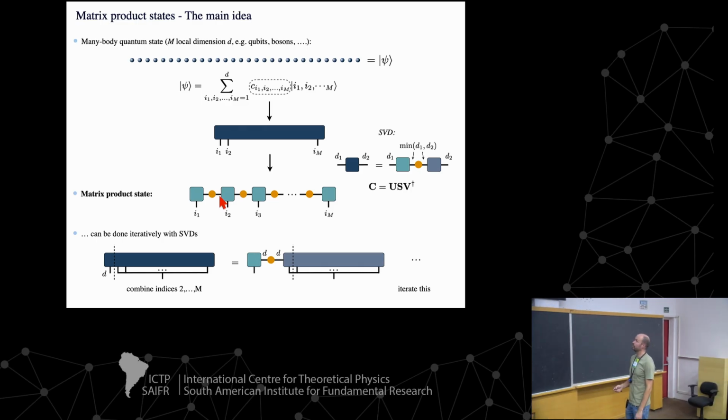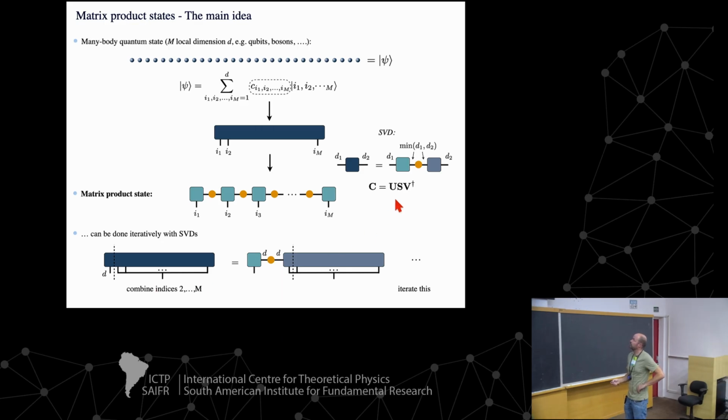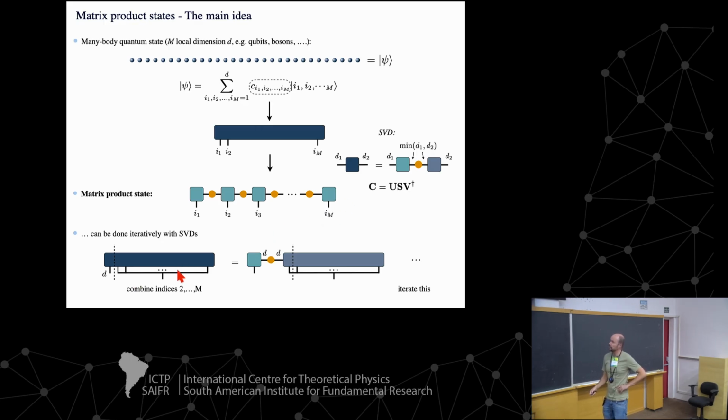The second comment I want to make is that if you do a singular value decomposition, right, so this C, especially if I do it in the beginning, it's definitely a non-square matrix, a 2 times 2 to the power n matrix. Still, if you do singular value decompositions, then the dimension that comes out for this index here is always the minimum of these 2 dimensions. So if I start on the edge here, this new index that I introduce with this SVD can at most have the dimension d.